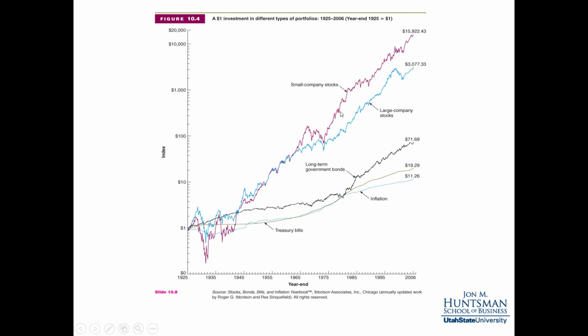And notice, first of all, that large cap stocks have done well over this 80-year period, right? The S&P 500 has averaged about 12% over this 80-year period. These small stocks, the S&P 600, has averaged 17.4%.